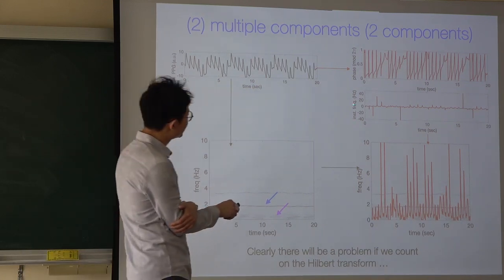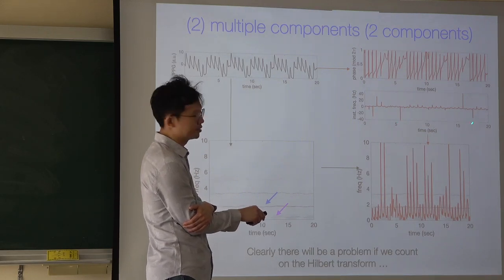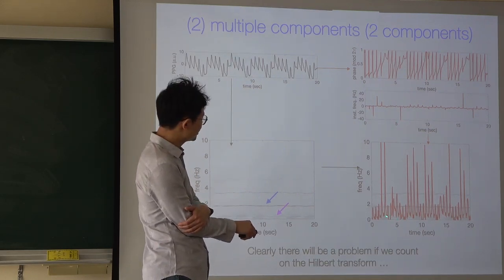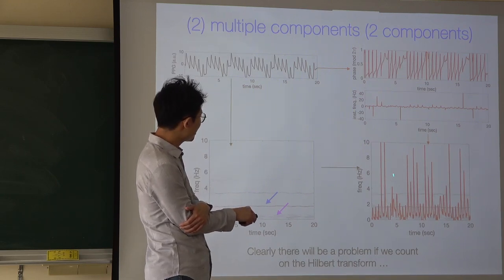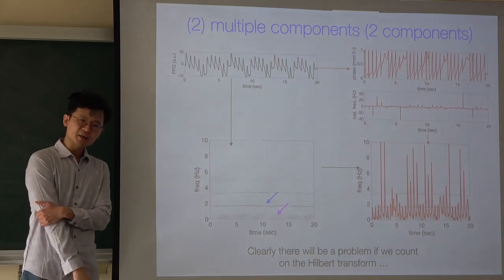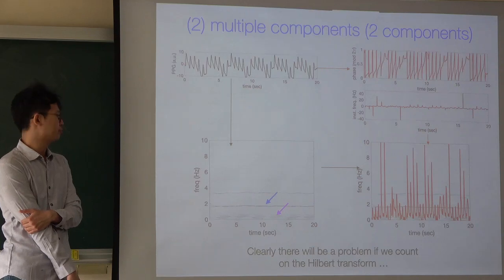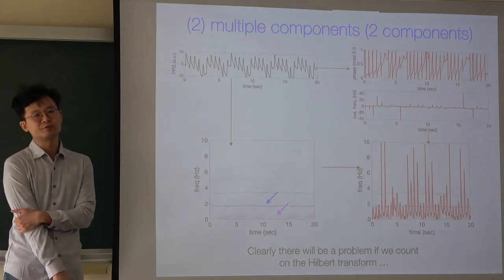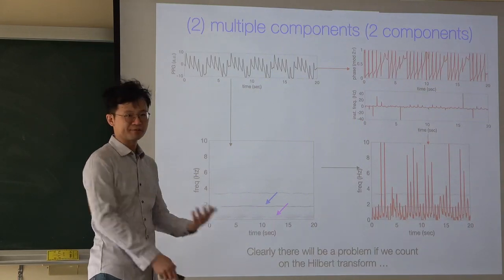And this is an instantaneous frequency, which even has negative frequency, difficult to interpret. And this is a superposition of this instantaneous frequency on the synchrosqueezing transform. So clearly, well, at least to me, it's difficult to interpret what's really going on. What is the phase? I don't know.